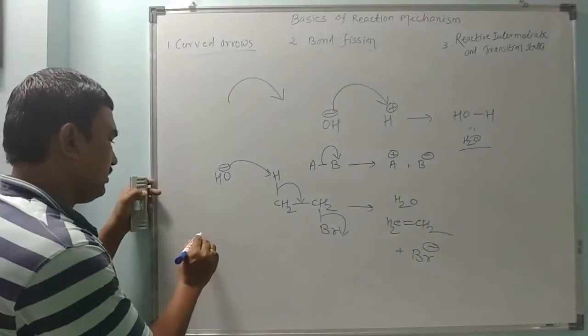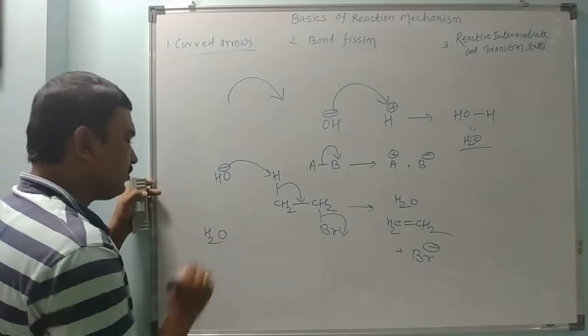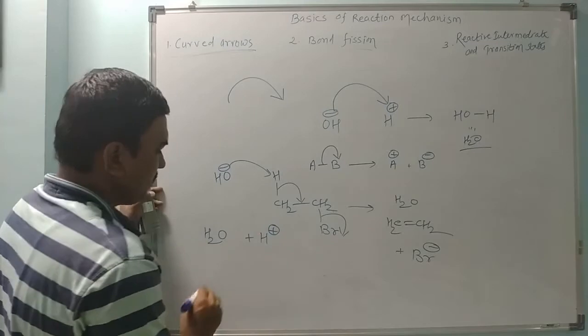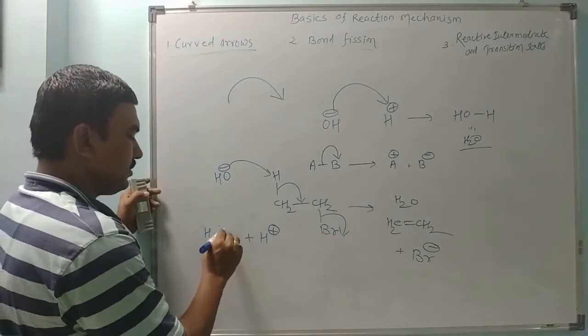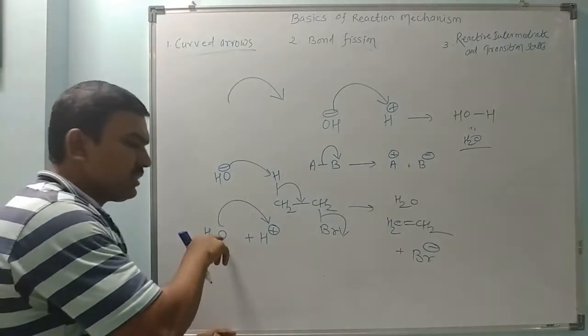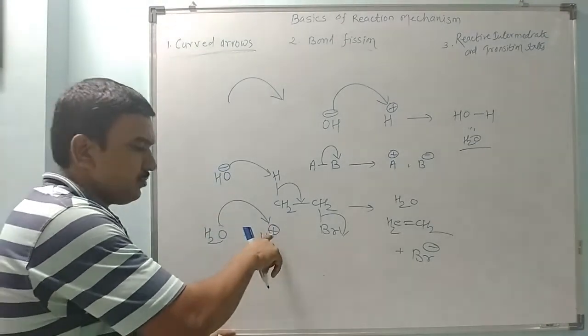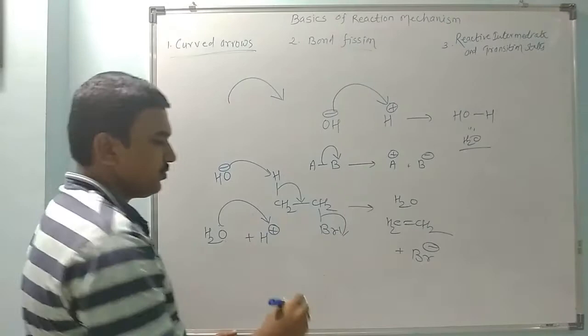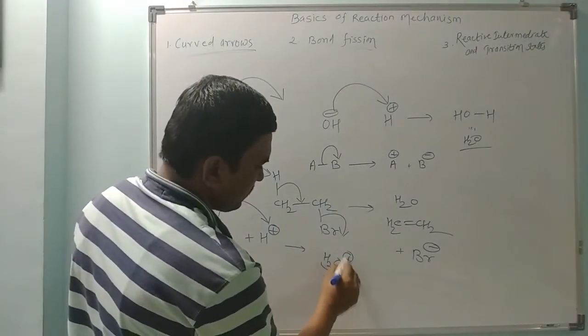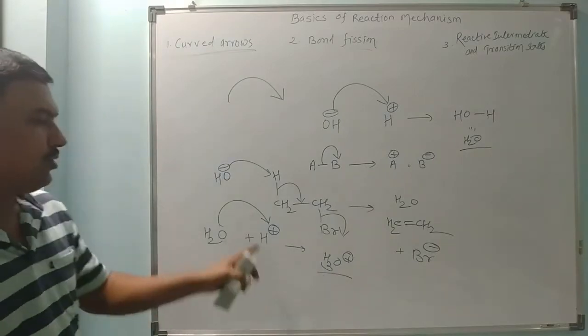Now when the arrow starts from a neutral species and is pointed at a cation, then this neutral species, when it transfers an electron pair, will receive positive charge and the positive charge of this proton vanishes. So we get here H3O plus, so the positive charge goes to oxygen.